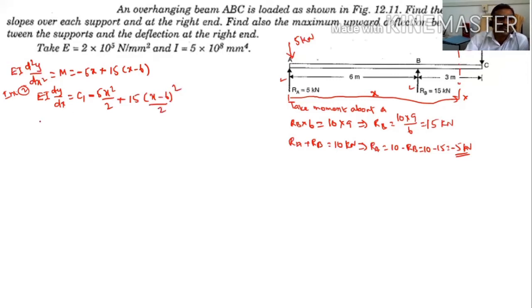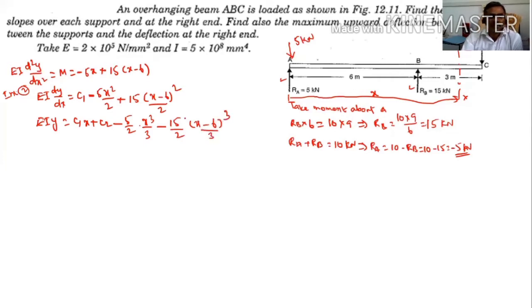Again you integrate, and you will get EI into y is equal to C1x plus C2 minus 5 by 2 x cube by 3 minus 15 by 2 x minus 6 the whole cube by 3.